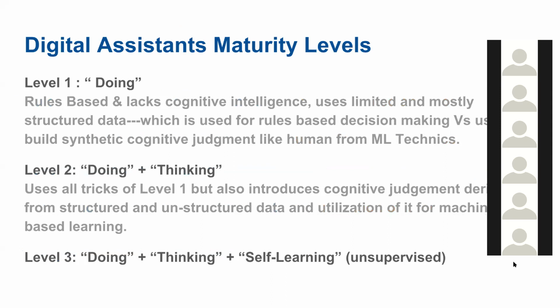There are 3 levels of maturity of the digital assistants. At level 1, we call it doing. Typically this means rules-based digital assistants. They are typically if-then-else kind of intelligence in the software.